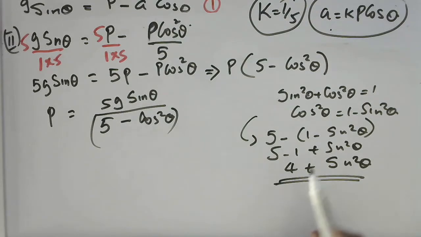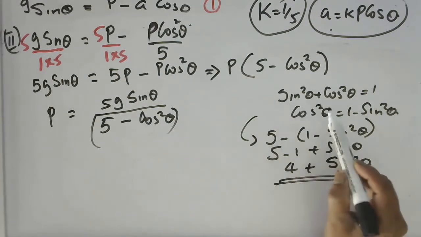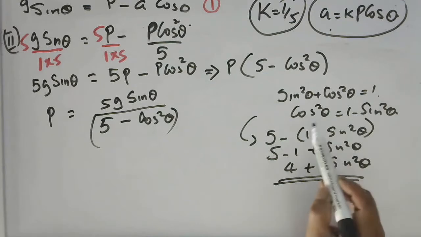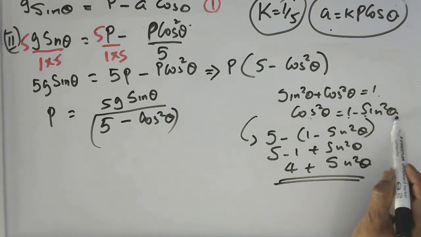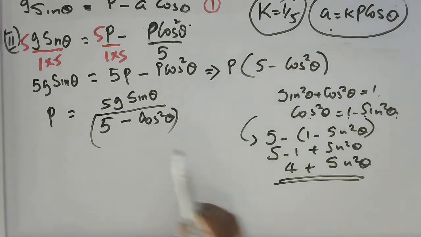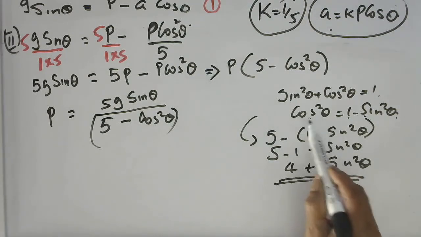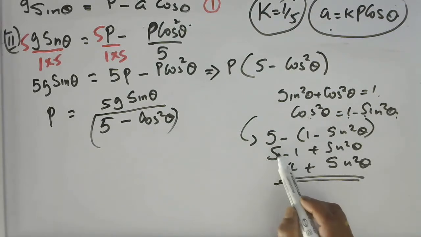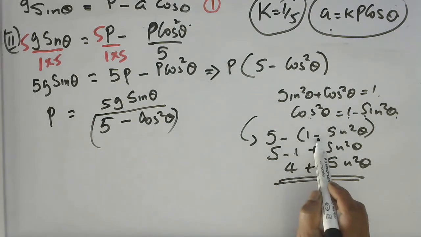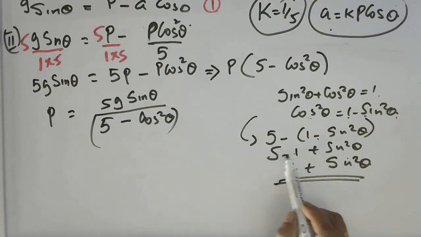Now, sine square theta plus cos square theta equal to 1. Therefore, cos square theta equal to 1 minus sine square theta. So in 5 minus cos square theta, instead of cos square theta I'm going to write 1 minus sine square theta. Open the bracket: 5 minus 1, minus into minus is plus, sine square theta. 5 take away 1 is 4, so 4 plus sine square theta.